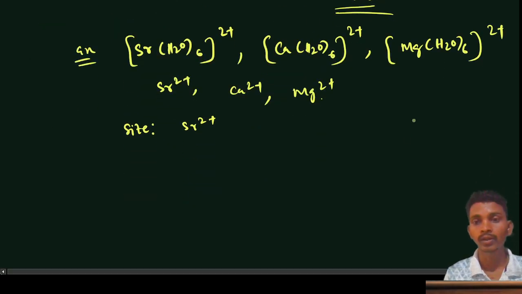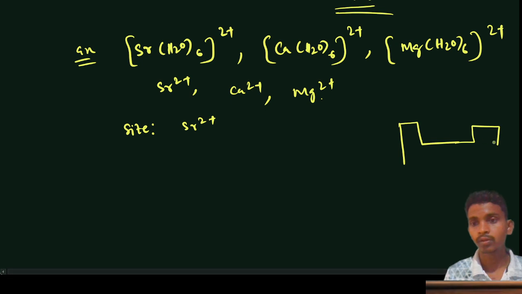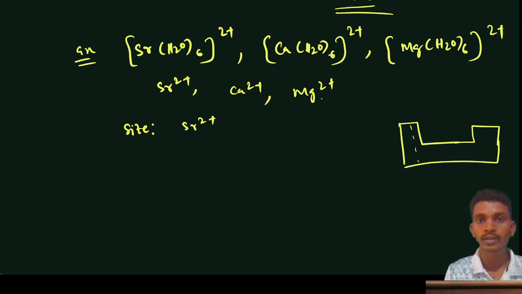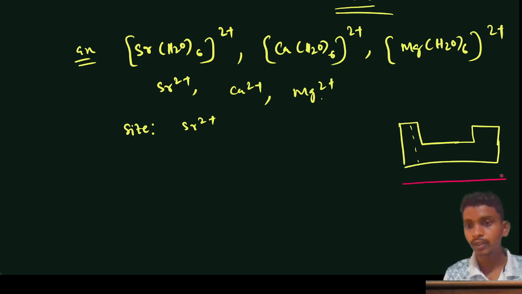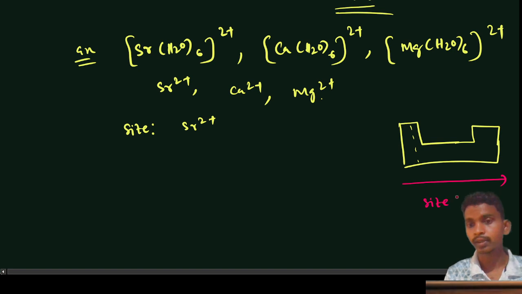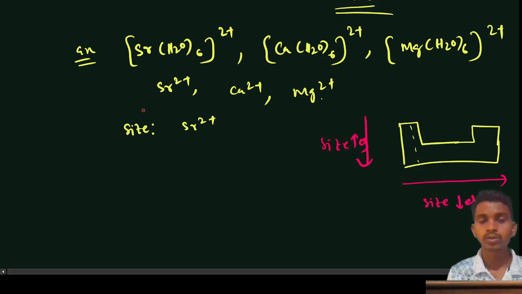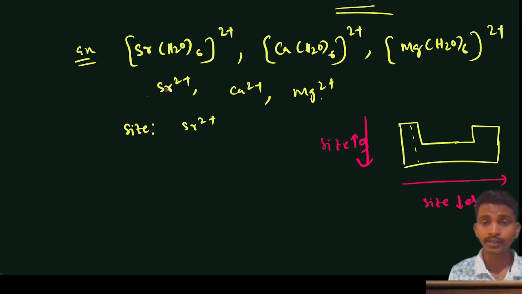If it is the periodic blocks, then what you see is that from here to here size decreases, and going down the group size increases. The scrolling is down, so this size is high.